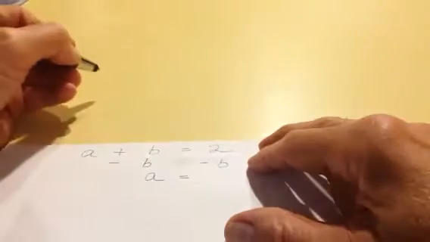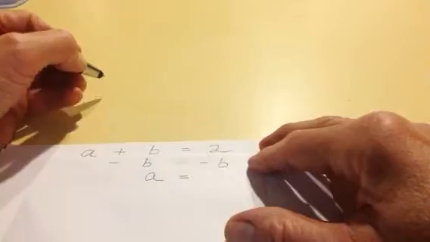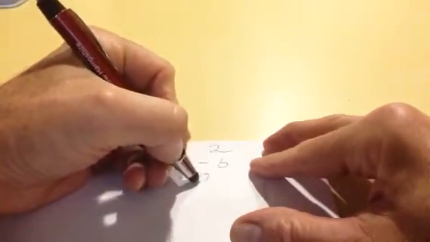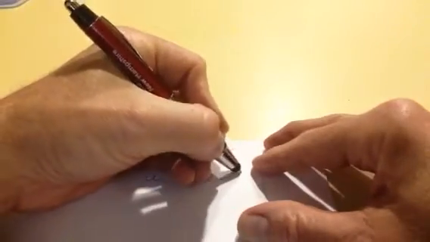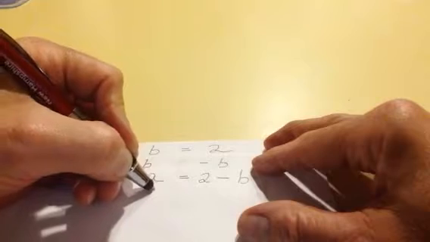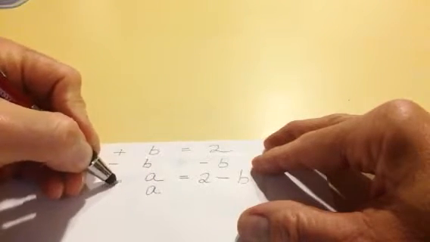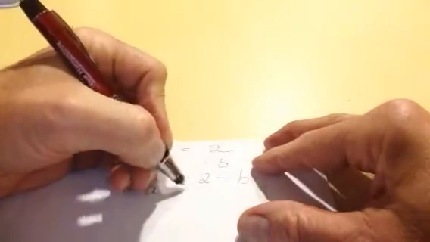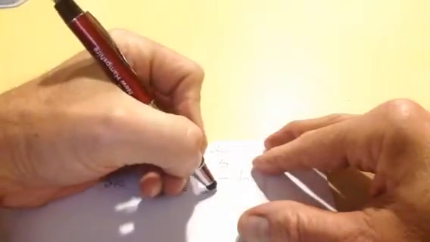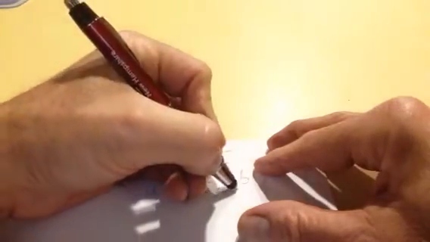Over here, there's two different ways that are equally correct. You could either write a equals 2 minus b, or I'll write the word or here, a equals negative b, this negative b, plus 2.